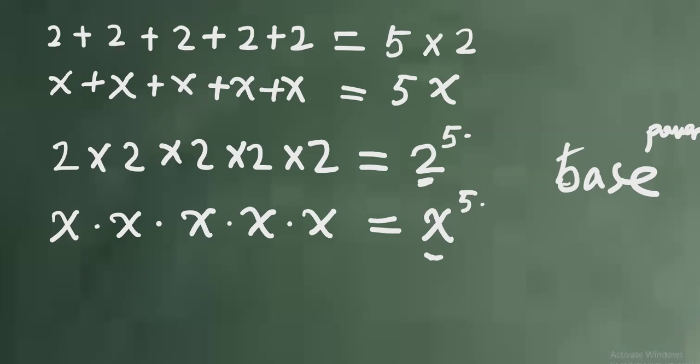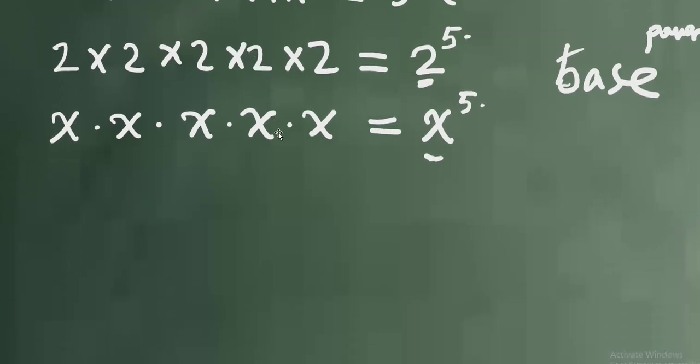Then we can explain the operations of the exponent with examples. Example 1: What is 2 to the 5th power times 2 to the 6th power? It means 2 to the 5 plus 6 power, which equals 2 to the 11th power.